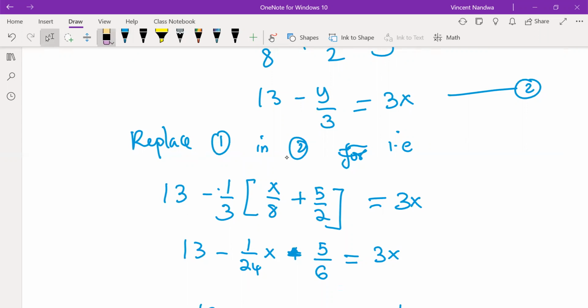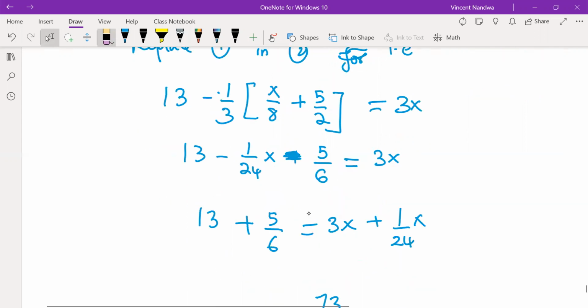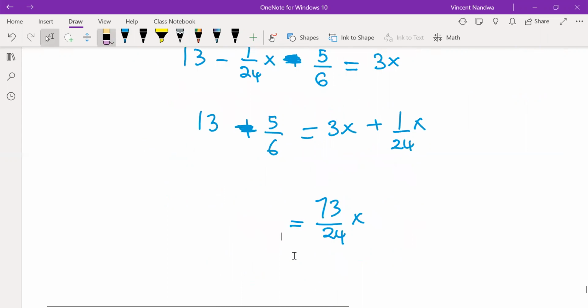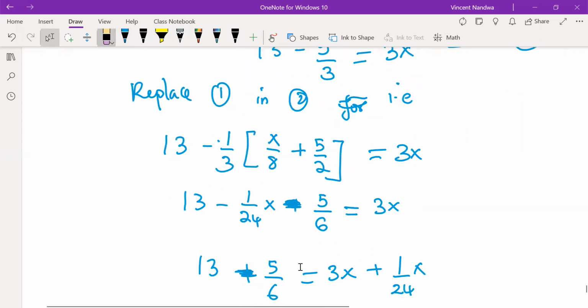So then you'll have minus. So 13 minus 5 over 6 is 73 over 6. So change this one to minus, this minus sign.